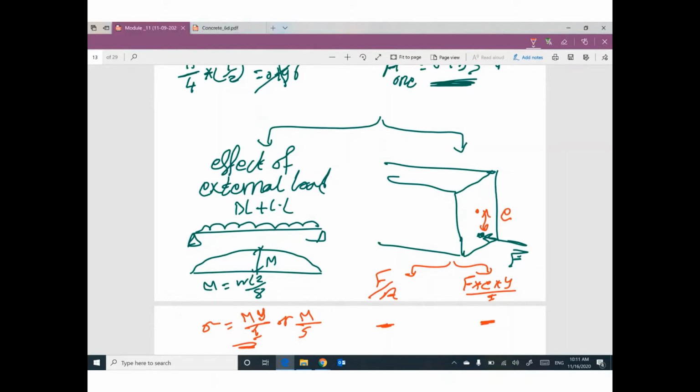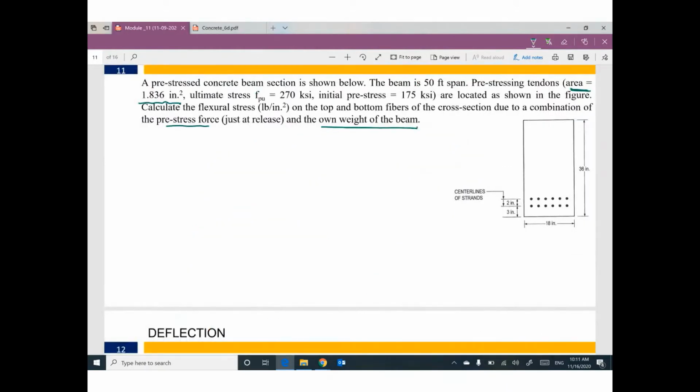So let's start with the first one. Effect of external load. The problem did not give you any live load, and also the problem asked you to get the final stress due to the effect of unweight of the beam.